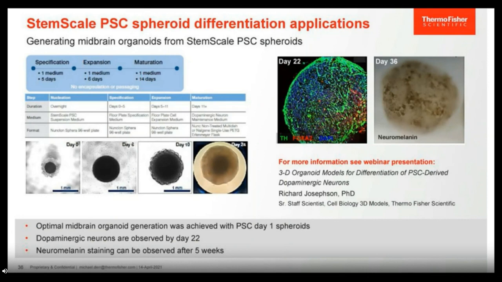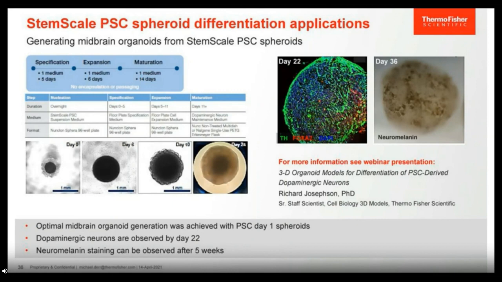This is another example of a different size of PSC spheroids being required to start the differentiation protocol. For this one, he recommends using PSC day 1 spheroids.